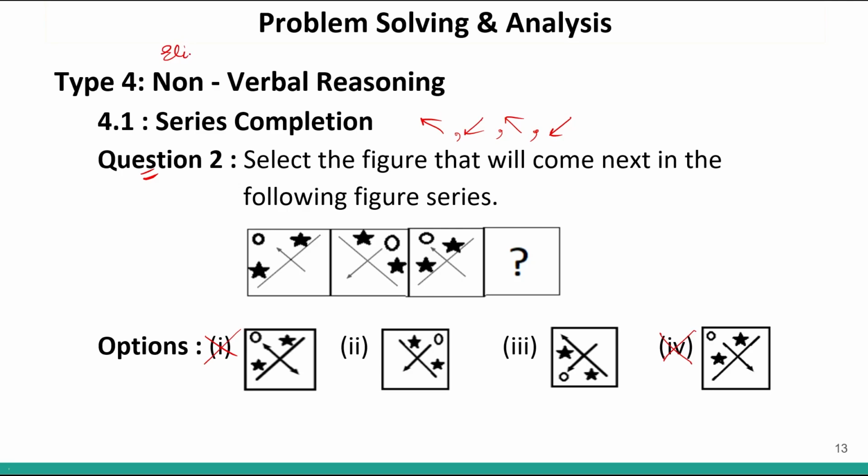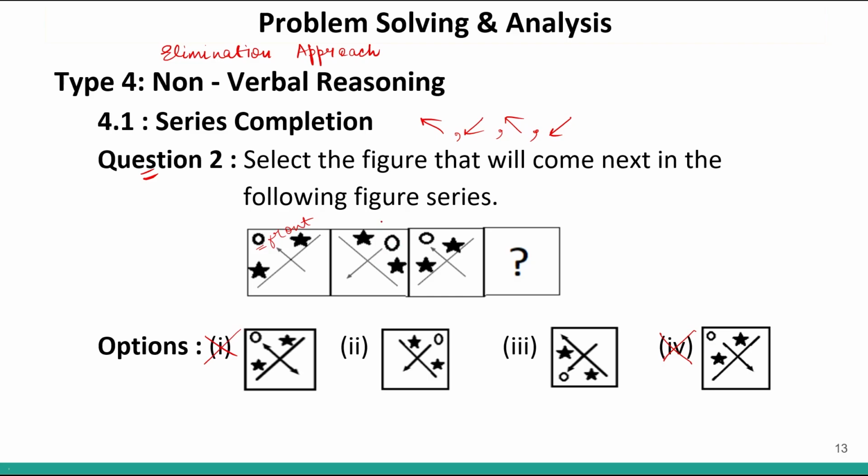Which approach are we following? We are following the elimination approach. This we have already discussed. So 1 and 4 we have eliminated. Now let us look at this symbol. This circle is in the front of the arrow.